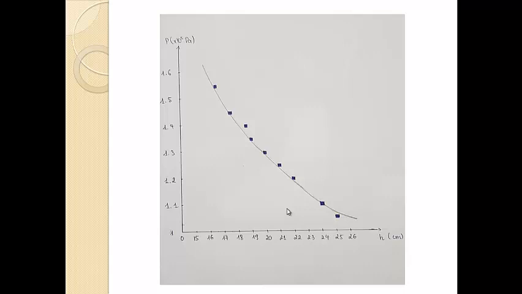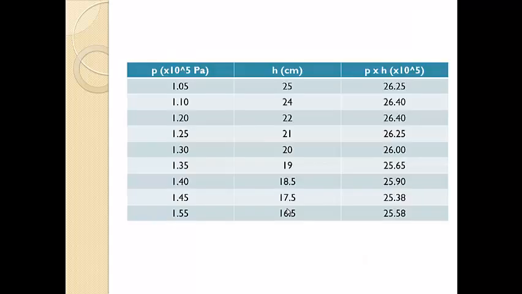So from this graph, we can see that P and V are inversely proportional to each other, and from the data table we can see that the product of P and H is approximately constant among the times we measure.